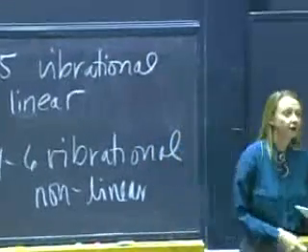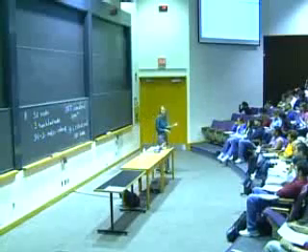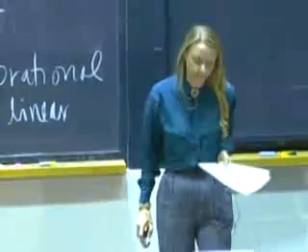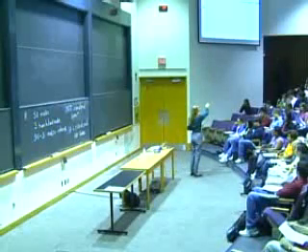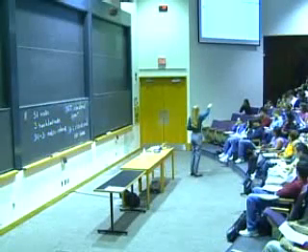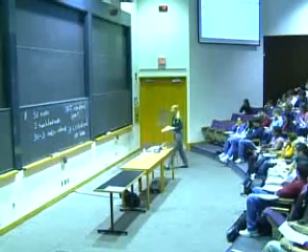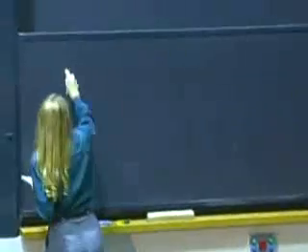Okay. So now let's take a look at this a little bit more in detail. Let's start with nitrogen. 2 atoms, 6 modes total, 3 translation, 2 rotational modes for nitrogen. What are those rotational modes? Well, here's our nitrogen.